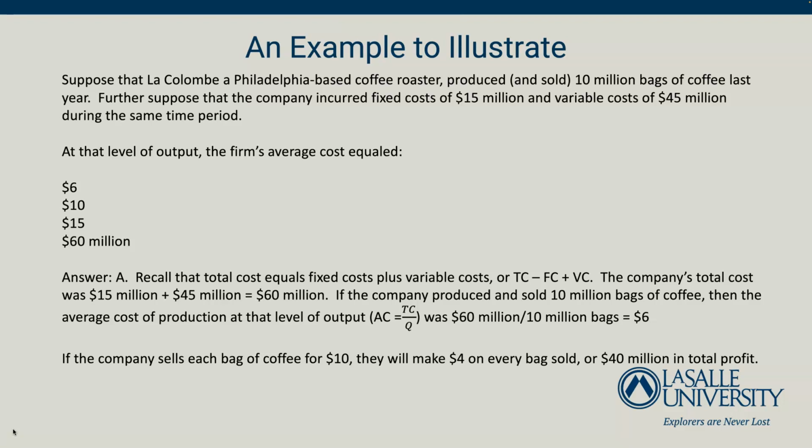If the company is selling each bag for $10, they make essentially a $4 profit on every bag, or $40 million in total profit. So total revenue would be, in this case, $100 million. Total cost would be $60 million. And so the difference between total revenue and total cost, or profit, would be $40 million.